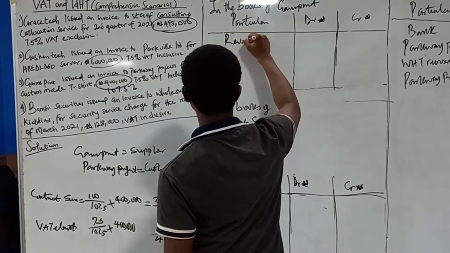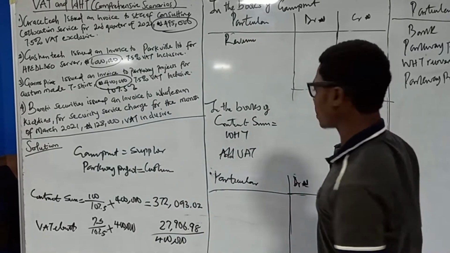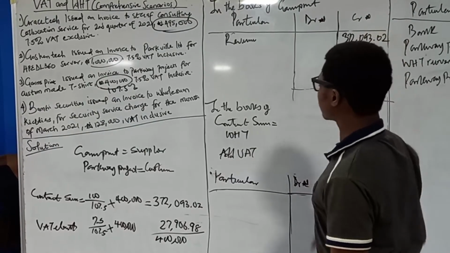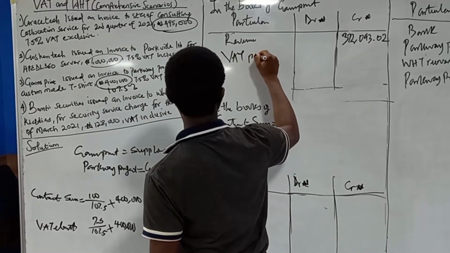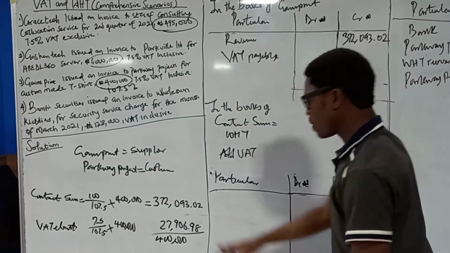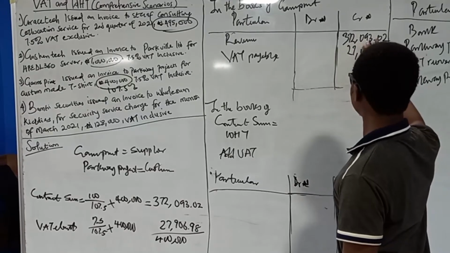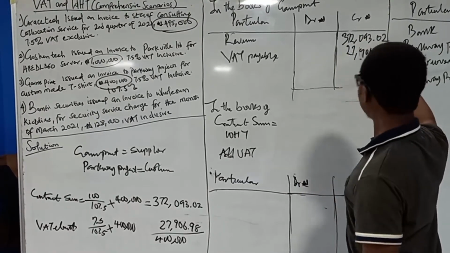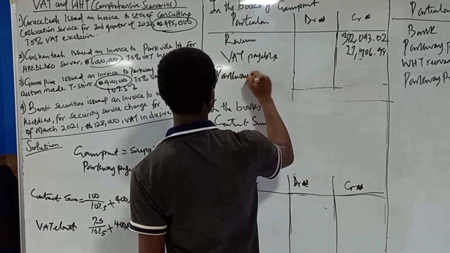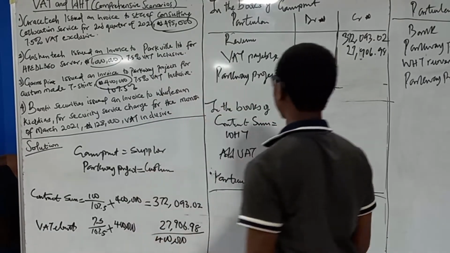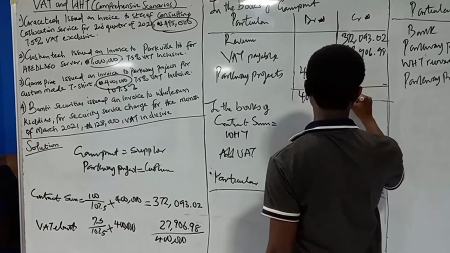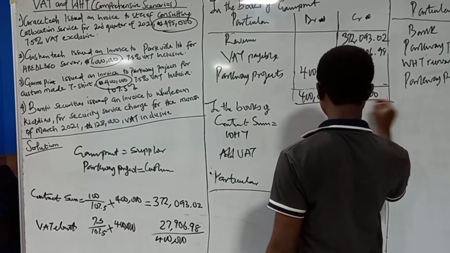We have the revenue for Graceman, which will be credited with the contract sum, 372,093.02. The VAT payable account will be credited with 27,906 naira 98 kobo, and the receivable account, Payable project, will be debited with the total, which is 400,000 naira.